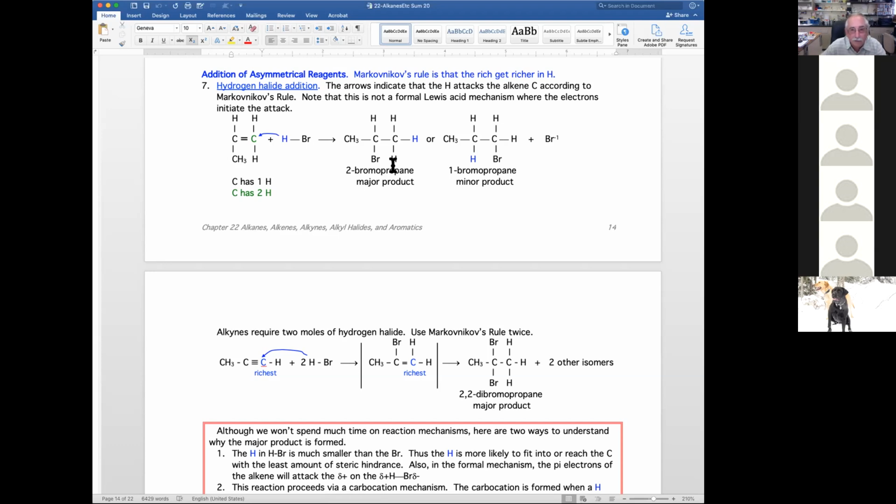The rich mean the more hydrogens you have bonded to the carbon, the richer the carbon is. So this carbon has 2, this has only 1. So this green one is the richest carbon, it's going to get richer. That means that this is the major product. Sometimes it's called Markovnikov's product.